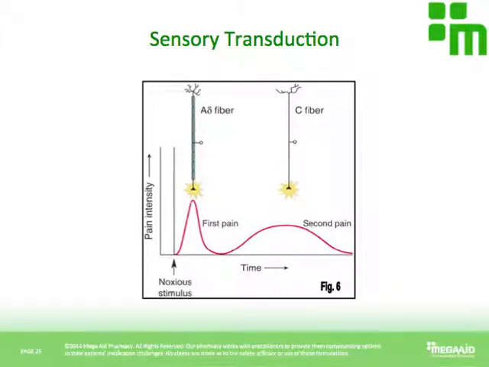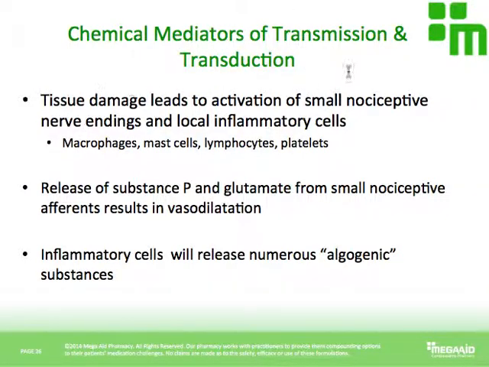achy sensation. So what are some of the chemical mediators of transmission and transduction, like I already talked to you about? At the site of the tissue injury, the cells of the immune system are going to come together. These are macrophages, mast cells, lymphocytes, and they're going to release different algogenic substances, or different neurotransmitters, or different chemical mediators, and these are going to act on the nerves.